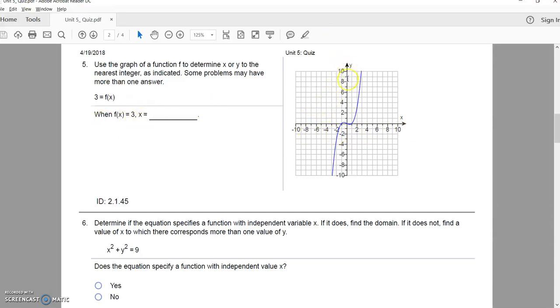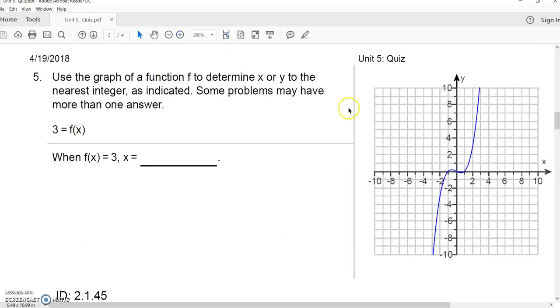So find 3 on the y-axis, let me make this bigger. So 3 on y-axis is right here, right? 1, 2, 3, 4. So this is 3. So imagine a horizontal line going through y equals 3, right there.